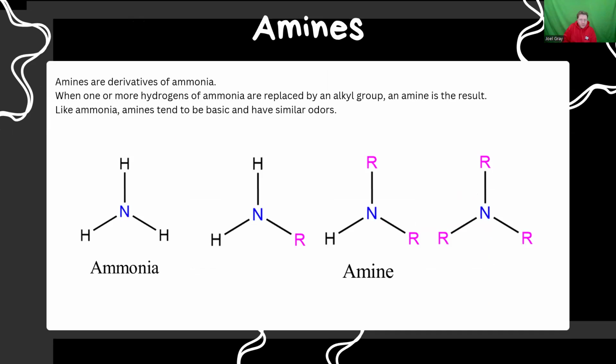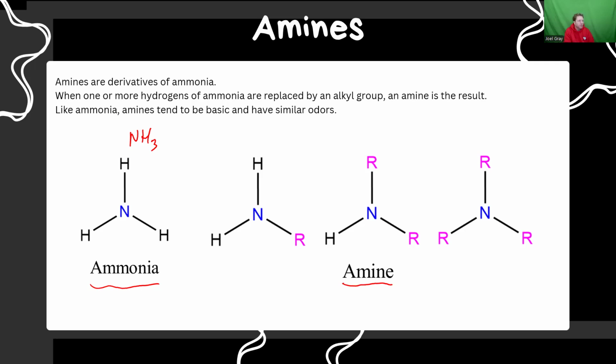Our next and our second to last group are derivatives of ammonia. Now, ammonia is a household cleaning agent, and it has a formula of NH3. It is an example of, or kind of the foundation from which the class of compounds known as amines are made.